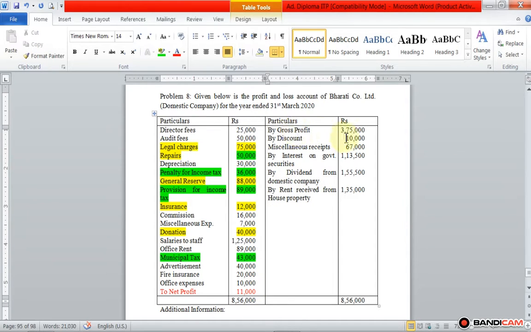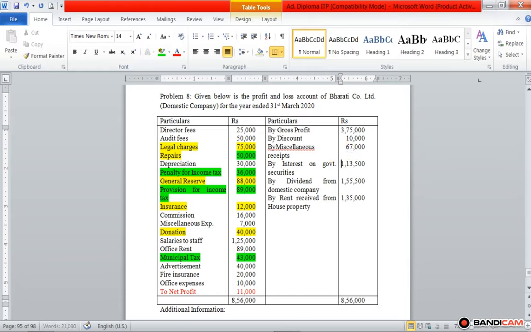Then gross profit 3,75,000. By discount: discount is an allowable income of the company. Miscellaneous receipts 67,000 is income of the company, called sundry income.